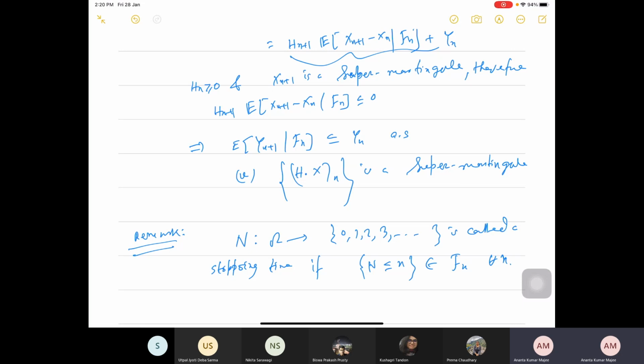So this is a random variable now. Whenever I was writing n previously, that n was only deterministic, but in this case it is now a random variable.